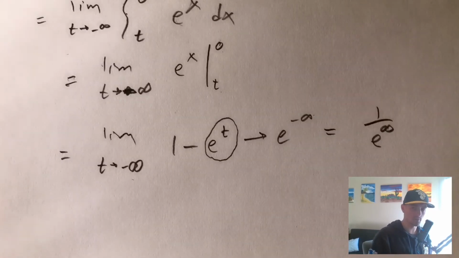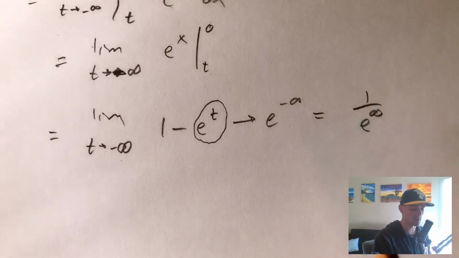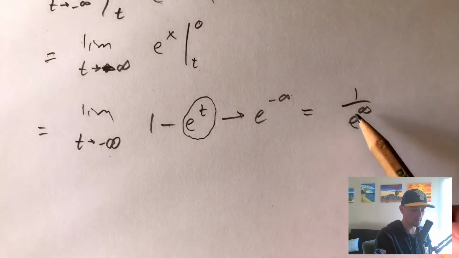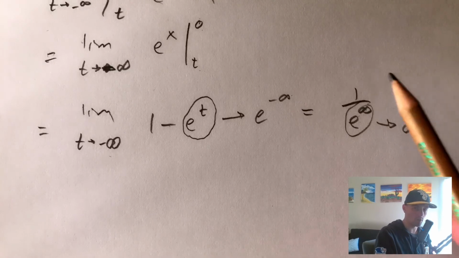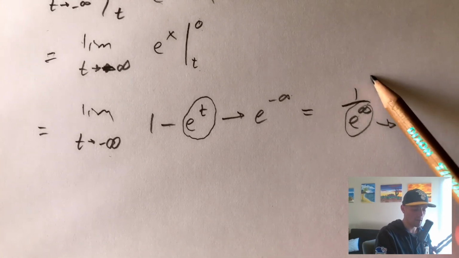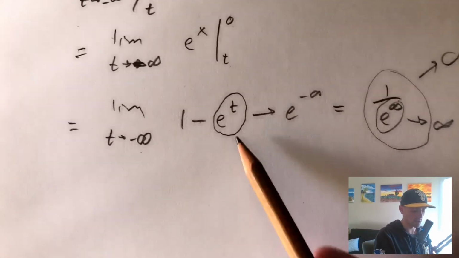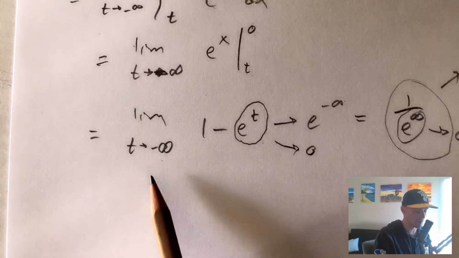And again, it doesn't really make sense to plug in infinity, but basically what we're going to get here is some constant, 1, over an infinitely large number. This denominator here is going to go off to infinity. So if we have 1 divided by an infinitely large number, that fraction as a whole is going to go to 0. So basically this term here is going to go to 0 as t goes to negative infinity.